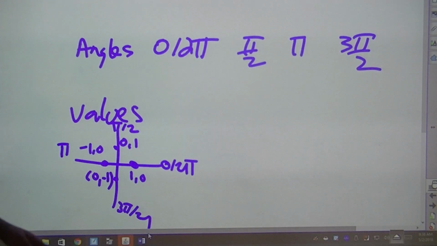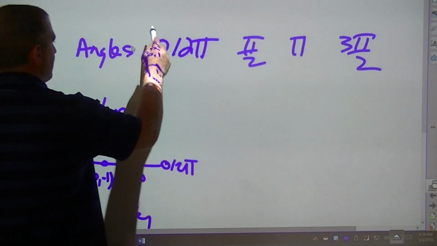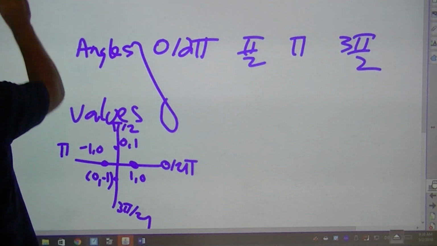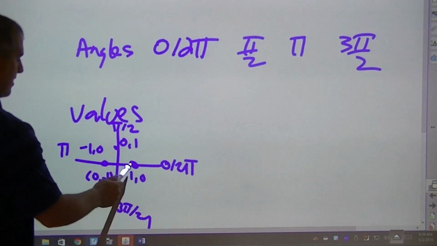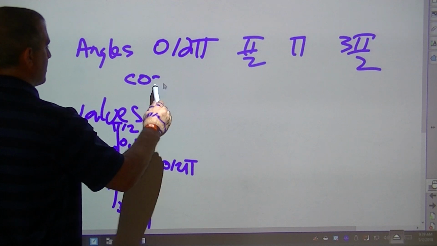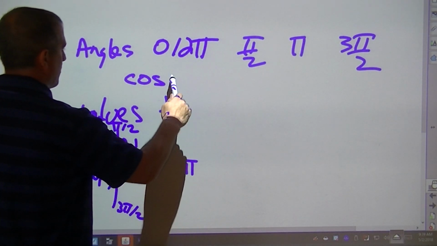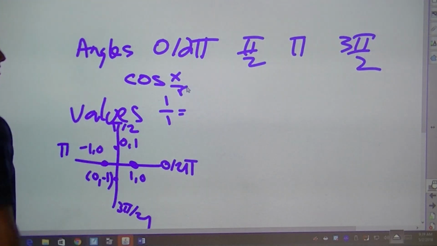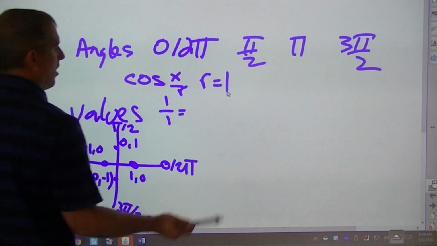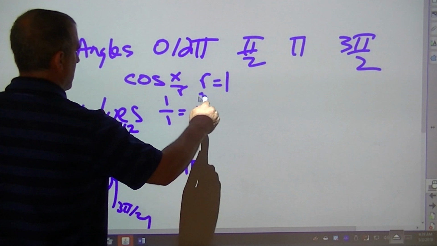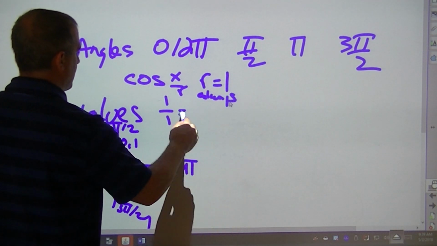So when you do cosine, you might want to write these down. Cosine would be 1 over 1, because we assume cosine is x over r. R is always equal to 1. So 1 over 1 would just be 1.